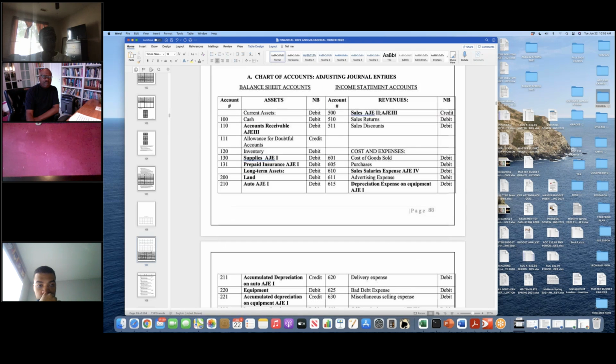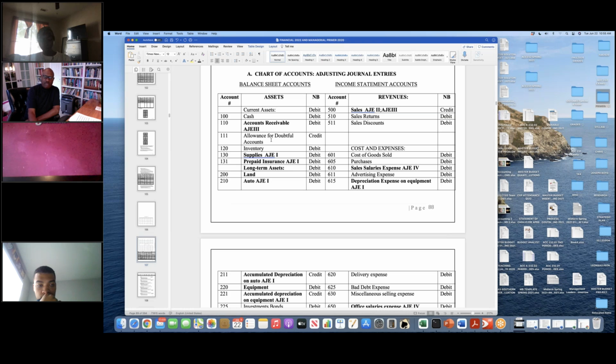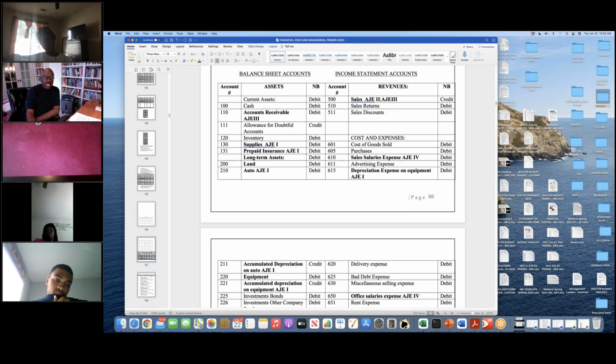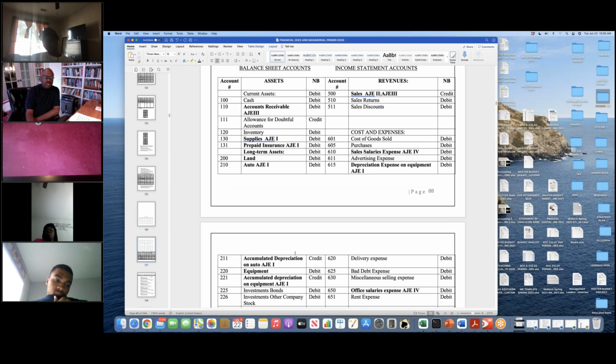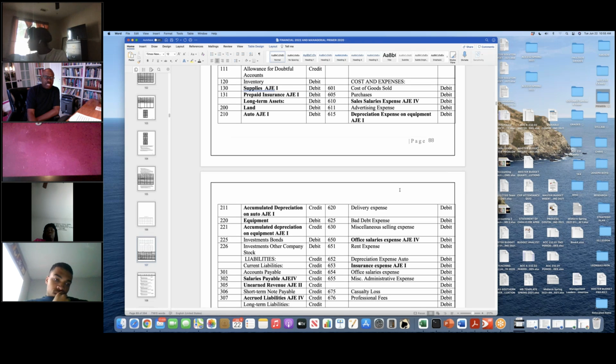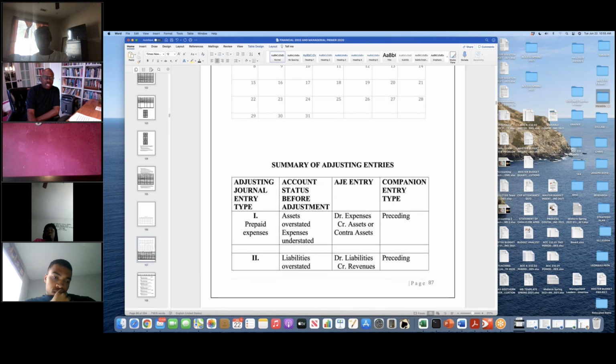So when we're dealing with prepaid expenses, that's the AJE1, so it's going to apply to the supplies and prepaid insurance and depreciation on the long-term assets. So the accounts involved, these are your AJE1 balance sheet accounts, then your income statement accounts.